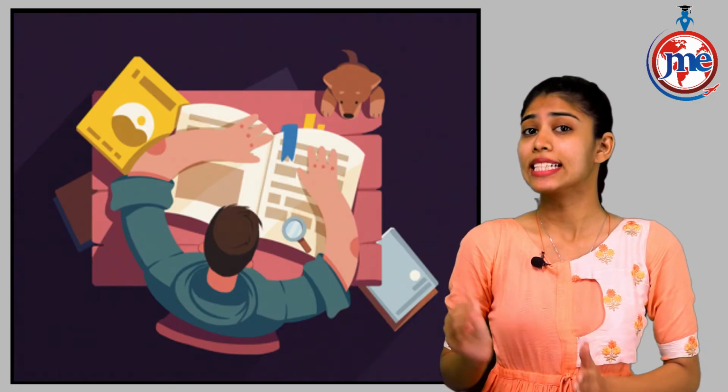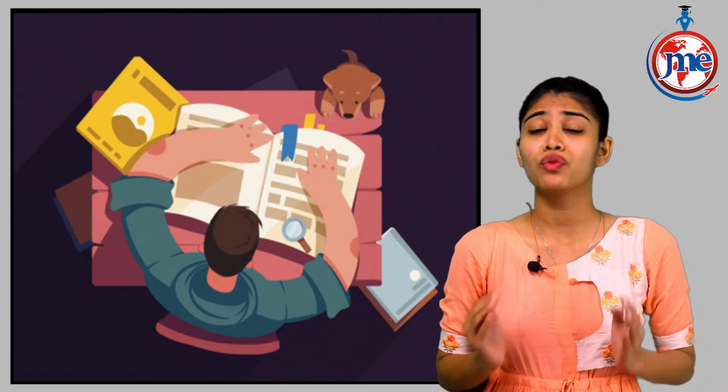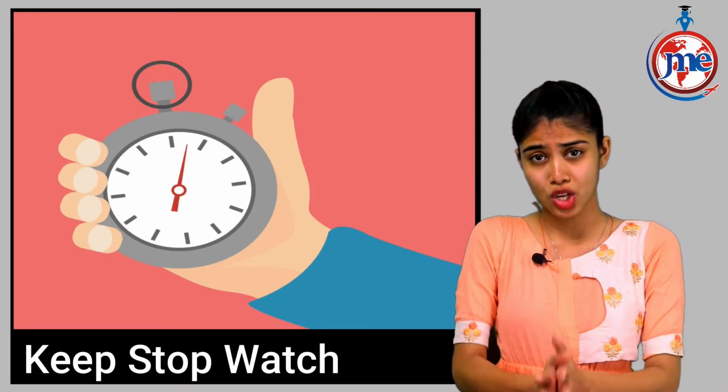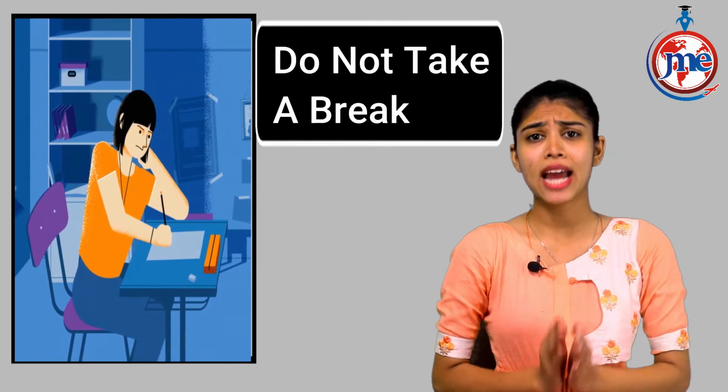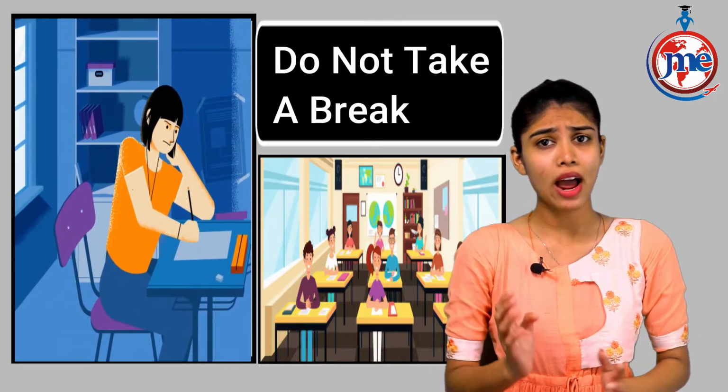One important thing is that when you are practicing under exam conditions, don't forget to keep a stopwatch with you, and you don't have to take any kind of break, because you are not going to get any breaks in between your exam.